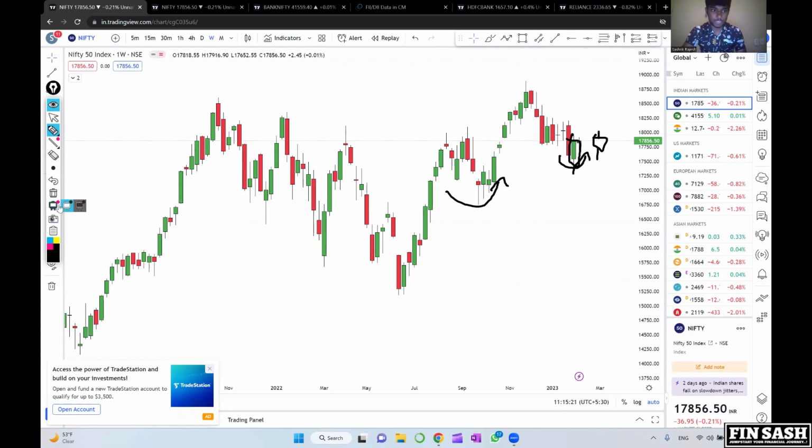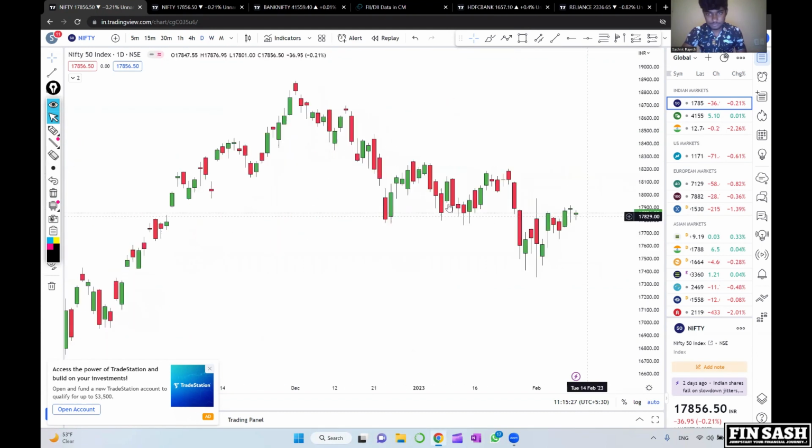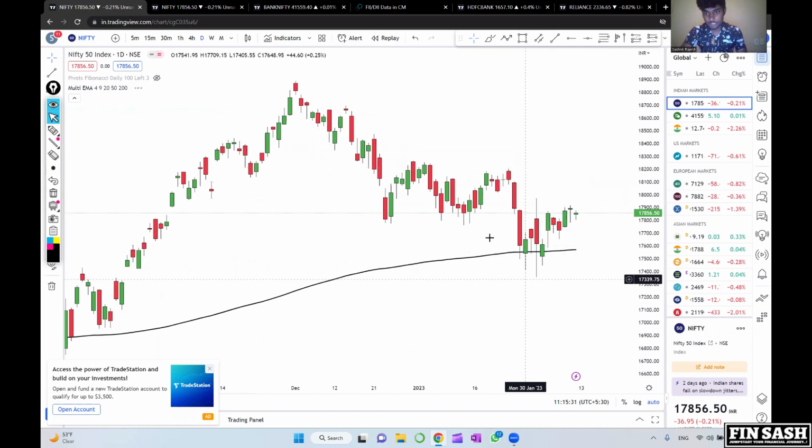So that's the weekly time frame analysis. If we move to the daily time frame, it's pretty much the same thing, right? It took support from its 200 moving average, and then there's been a bullish run, and the market's been sideways from then.